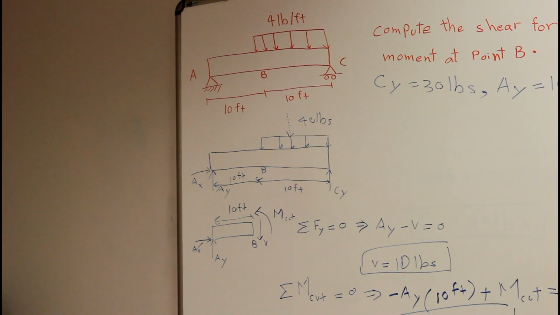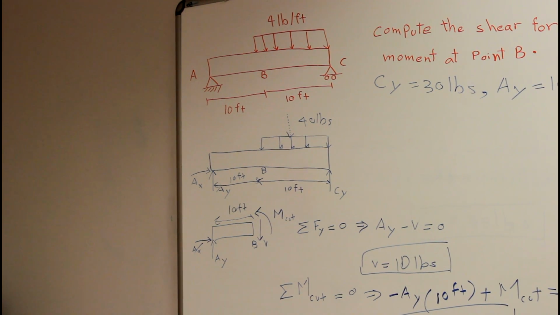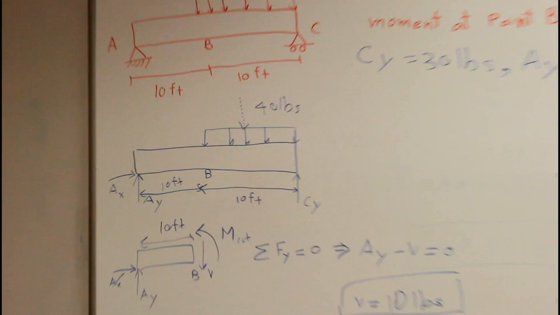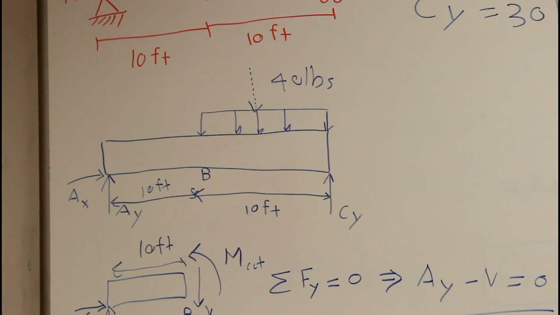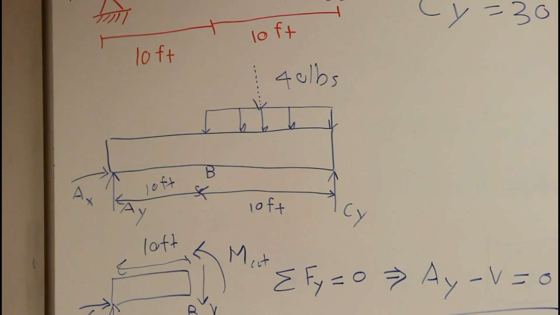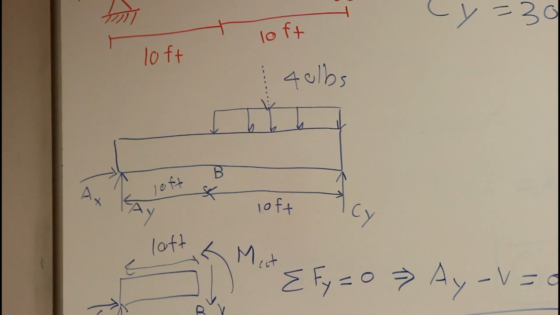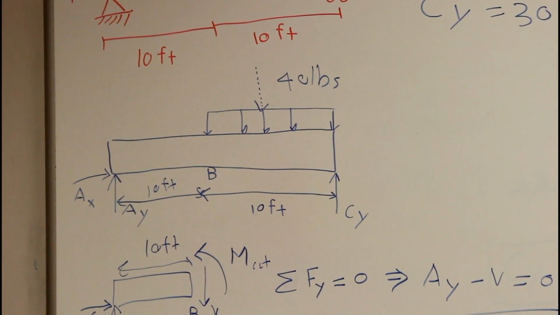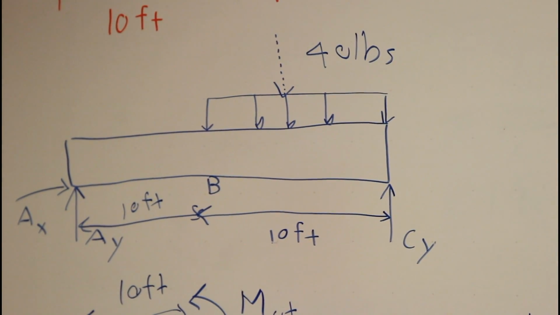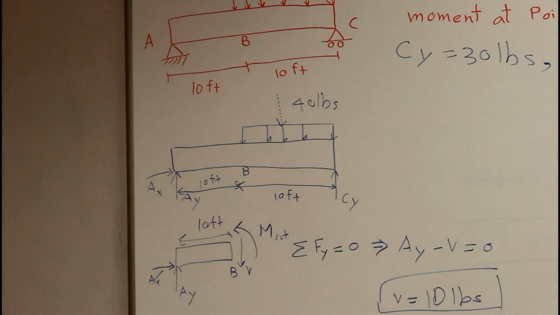The distributed load has a force in the center of that load, which is 40 pounds, because we multiply the distance, 10 feet, by 4 pounds per foot, which gives us 40 pounds in the center of the distributed load. You have to make sure that it is exactly in the center. That means 5 feet in the right half of the distributed load and 5 feet in the left half. And this is how you draw the free body diagram.